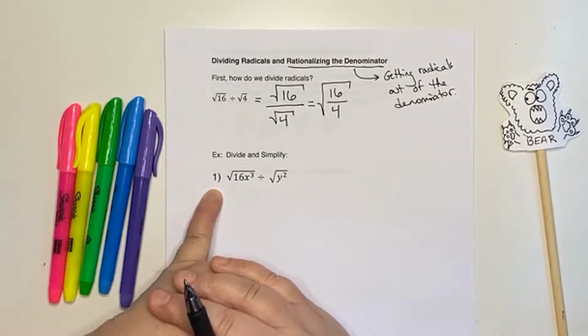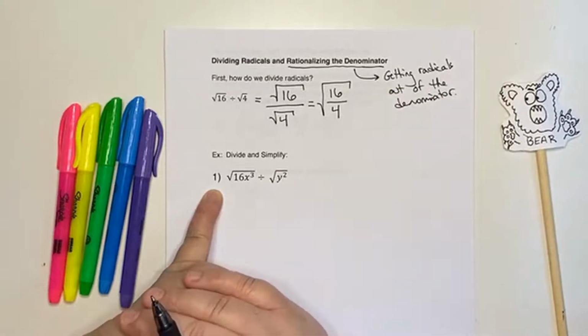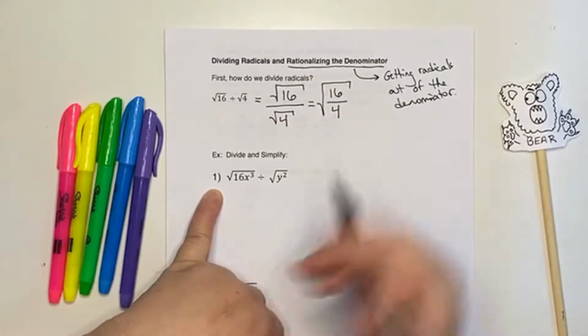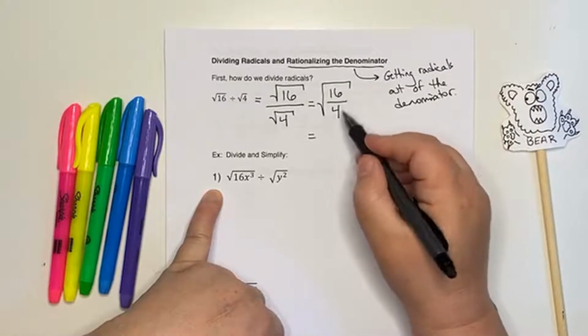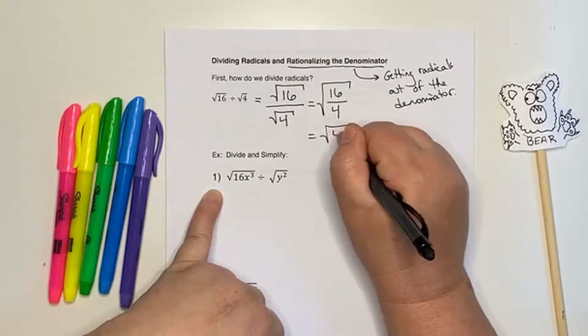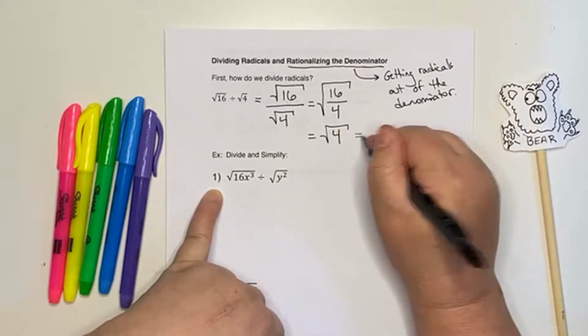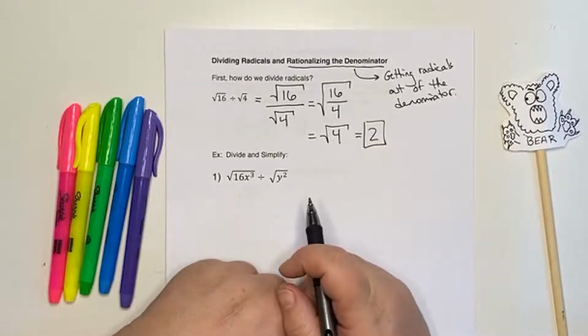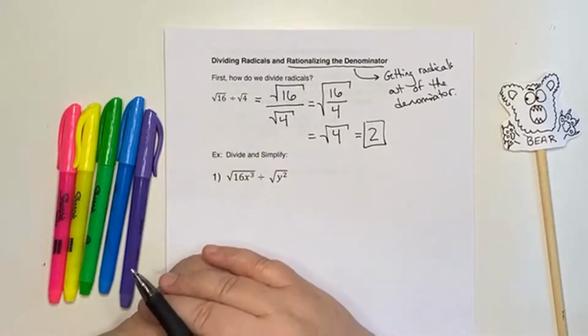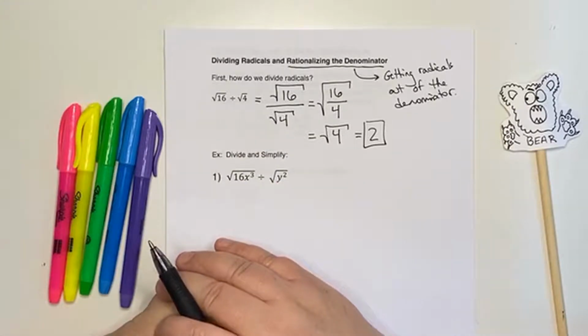Just like with multiplication, where we can move them into the same house, here we're going to move them into the same house. It's just a two-story house. And then I'm going to say, oh, well, 16 divided by 4 is just 4, and radical 4 is 2. Aww. Isn't that a happy ending to a story that started out looking a little yucky?